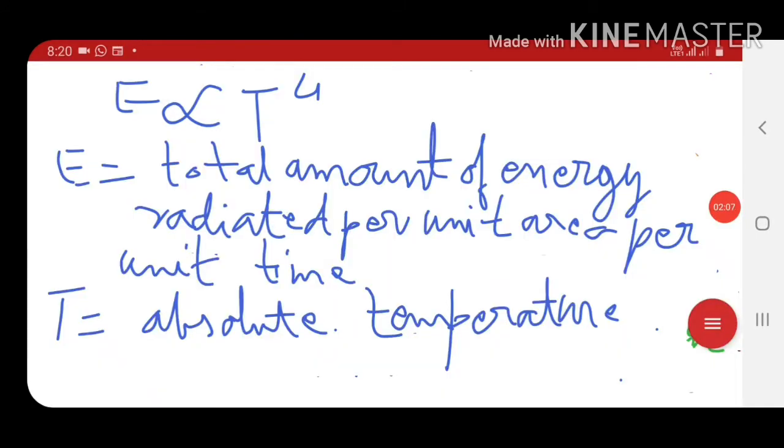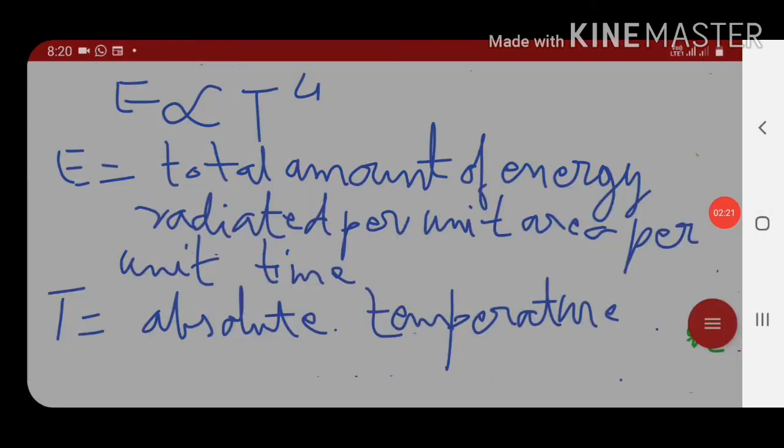This means that E is directly proportional to T to the power 4, where E is the total amount of energy radiated per unit area per unit time by a perfectly black body, and T is the absolute temperature of that black body.